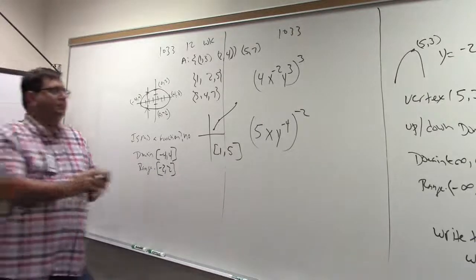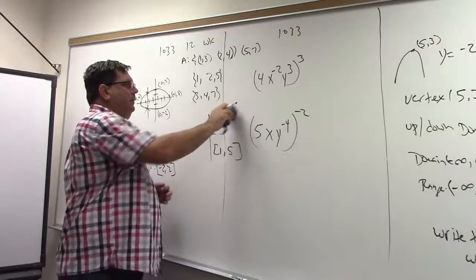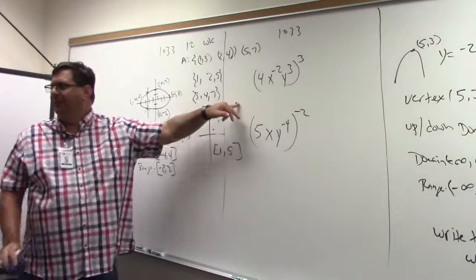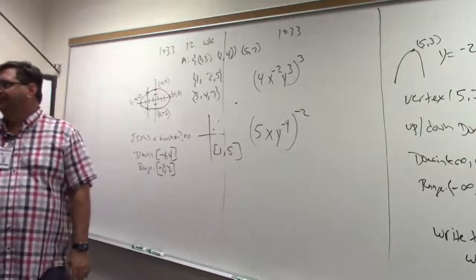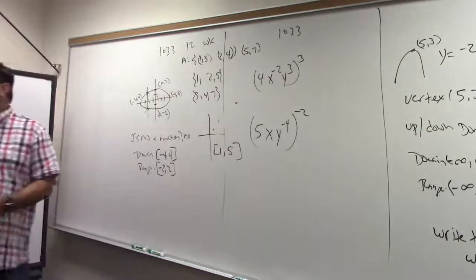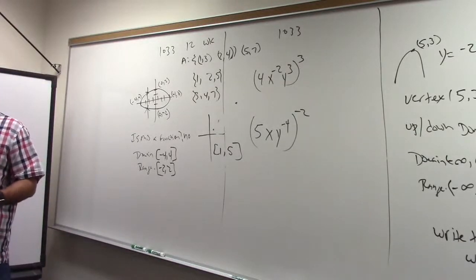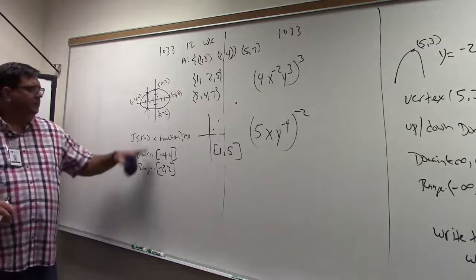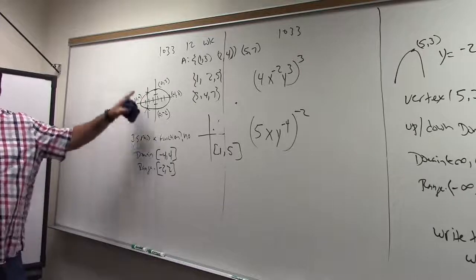Now it's 1, 2, 5 because they're not connected. It's a very small distinction, and that's why being here on these days makes a big difference, but on the test that distinction is 5 points. All right, we good? Can we leave this alone?